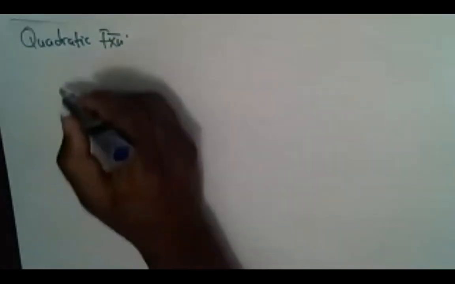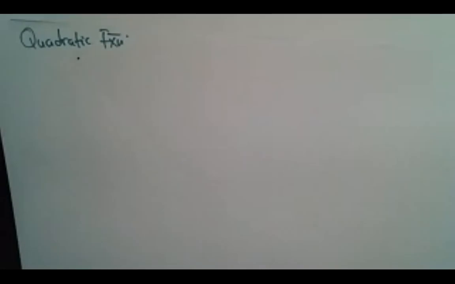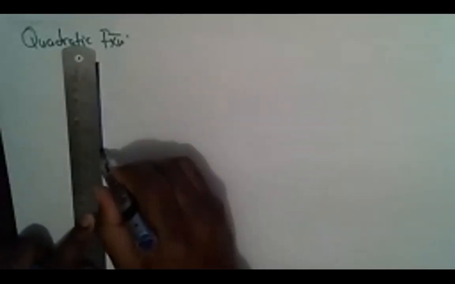Let me quickly take this away. We're still on quadratic functions. That is just a shortcut way of writing functions. Now, I am going to draw. I'll use a ruler so that it becomes neater.